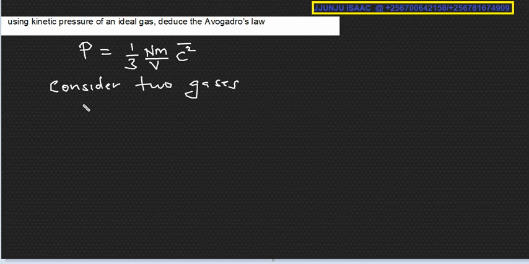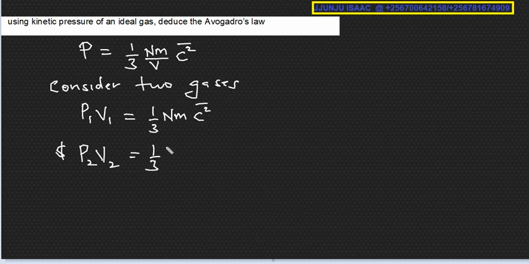So that means that P1 V1 is going to be equal to a third Nm C squared if I bring V this side, and P2 V2 will be equal to a third, this is N1 M1 C1 squared, and this is going to be N2 M2 C2 squared, mean speed.